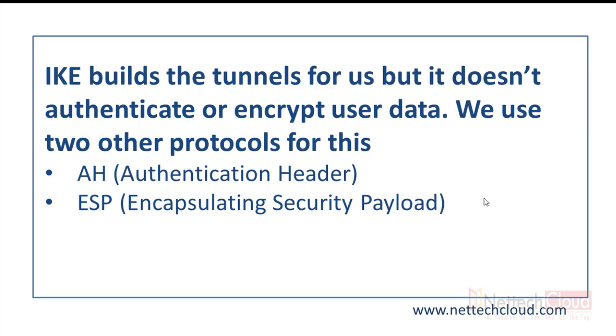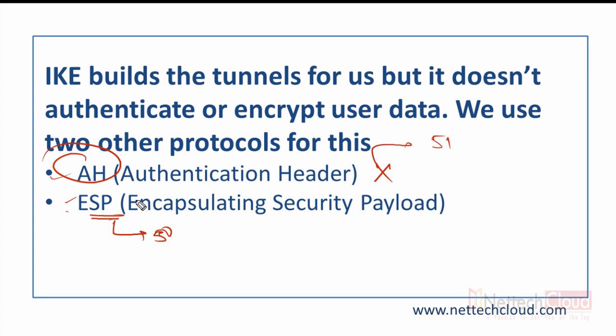Okay, so IPSec builds the tunnel for us, but it doesn't authenticate or encrypt user data. We use two other protocols for this, and one is AH. AH, the authentication header, uses protocol number 51, and ESP uses protocol number 50, and they both work on top of IP, right?